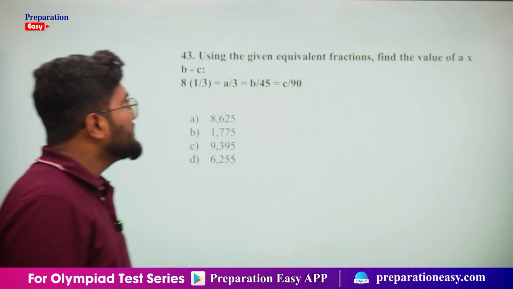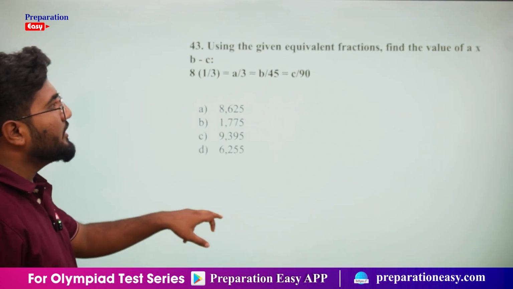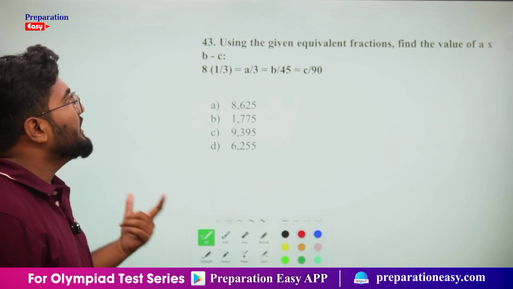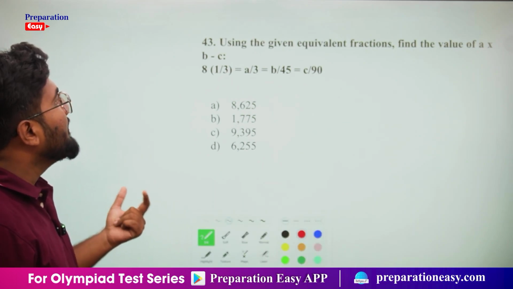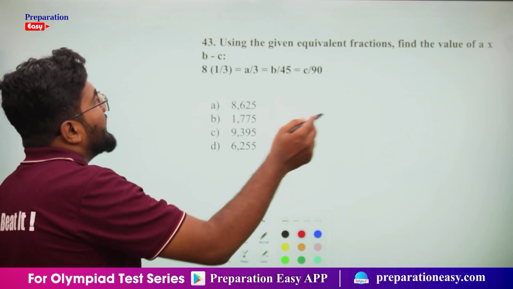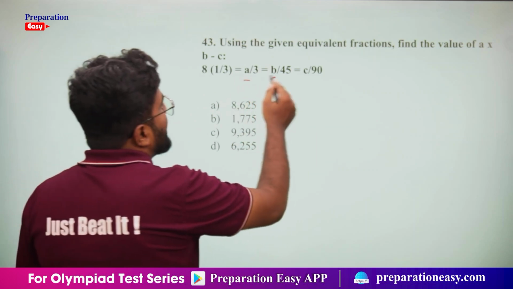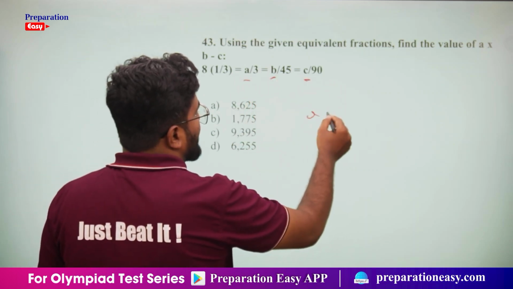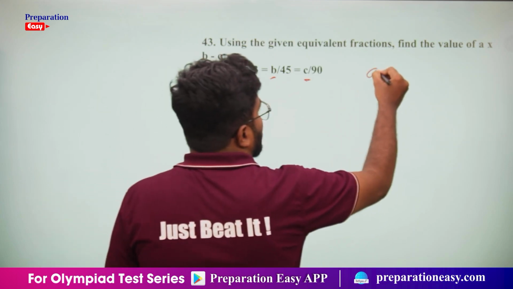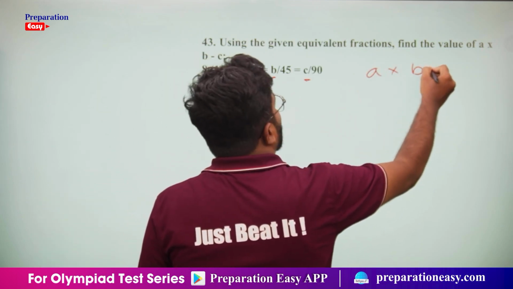Moving towards the next question, that is question number 43. Using the given equivalent fractions, find the value of x. We have to find the values of a, b and c, and find a multiplied by b minus c.